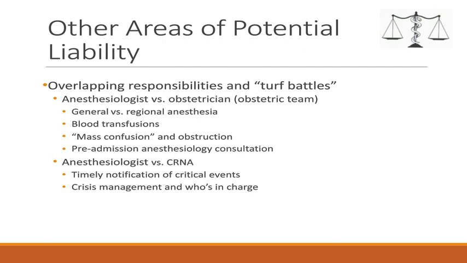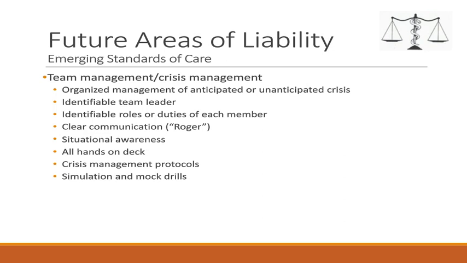All right, future areas of liability. I think a hot topic right now is something called team management. It's also called crisis management, and the aspects of this kind of management are that it's organized in advance of anticipated or even unanticipated crises.